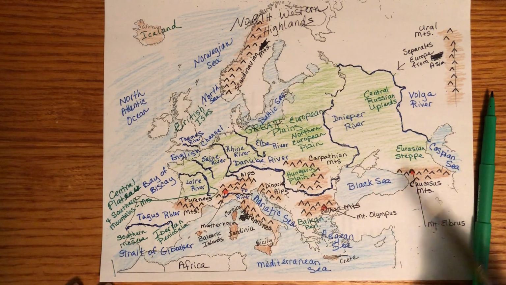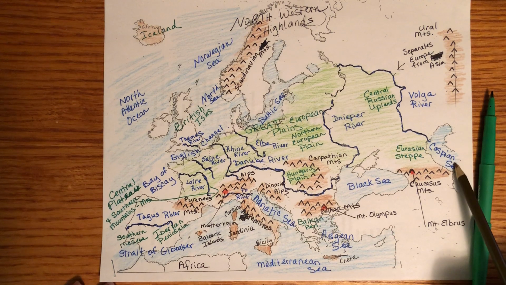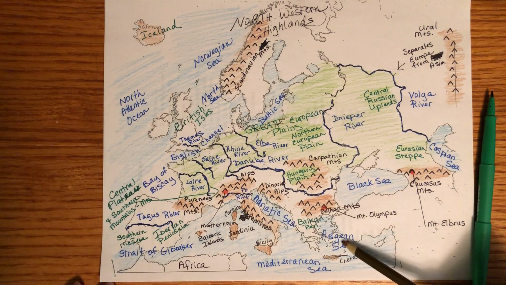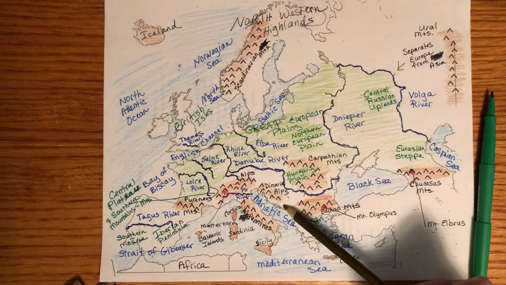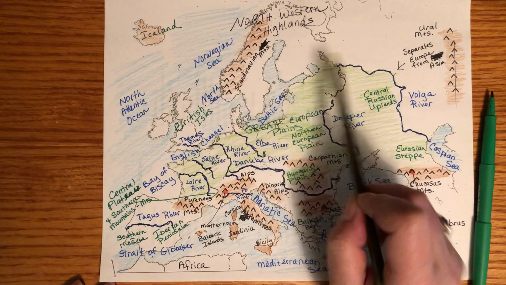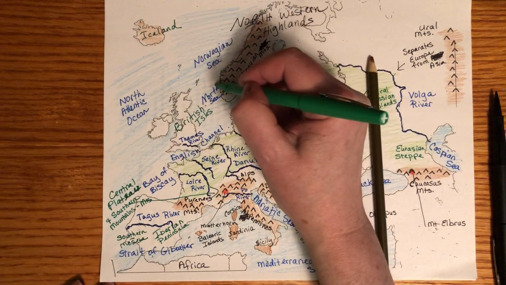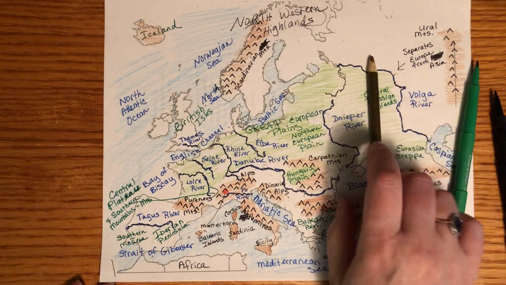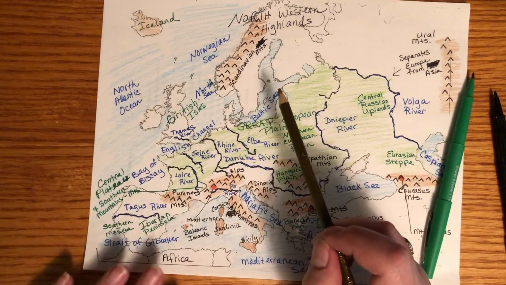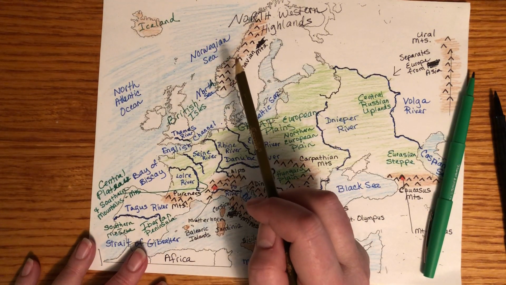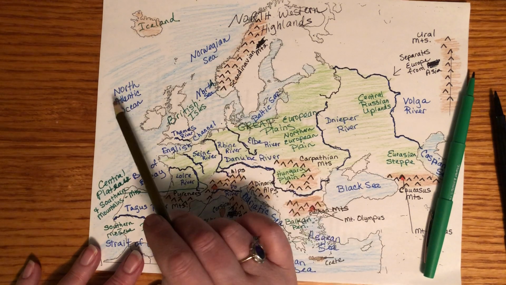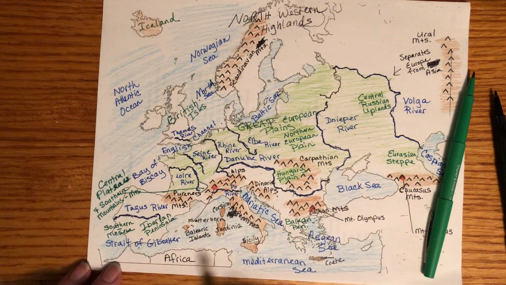And don't forget our very important seas: Caspian, Black, Aegean, Adriatic, North, I'm going to make that look a little better, the North Sea, and of course our bigger oceans, which is the Norwegian Sea, the North Atlantic Ocean, and the Mediterranean Sea, as well as the Adriatic Sea.